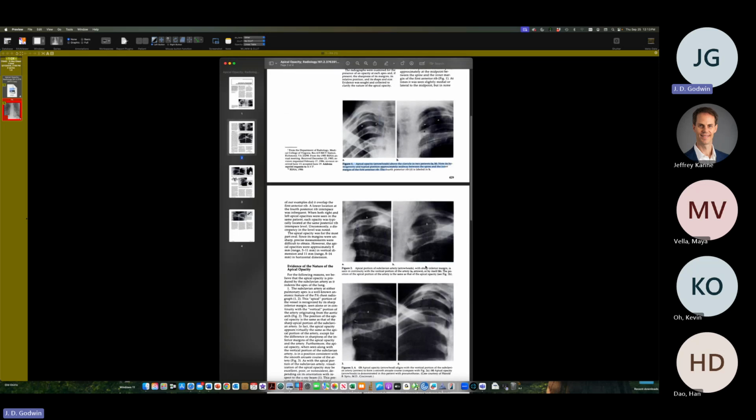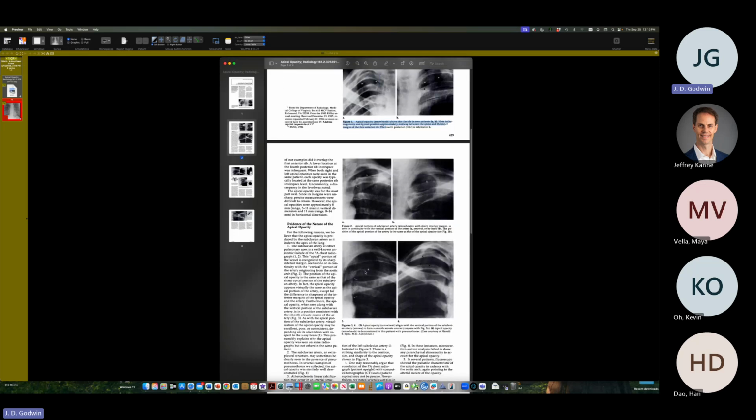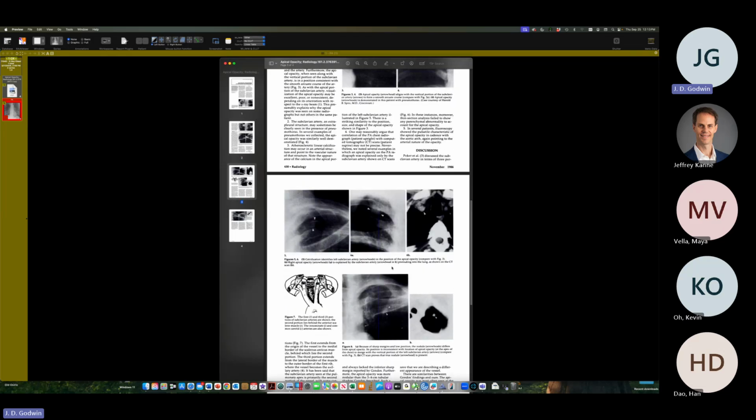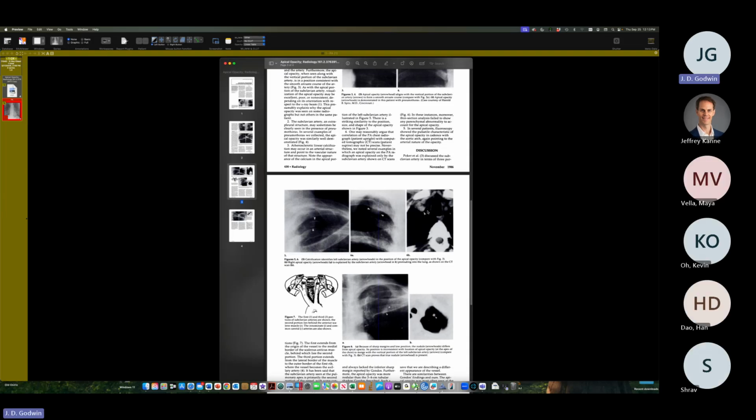Here are some smudgy examples and some counter examples too of other things that can do this. Here's the lone CT scan in this article that shows the indentation on the anterior lung from this brachiocephalic artery and subclavian complex up here.